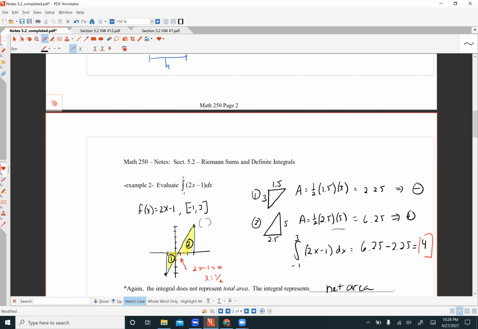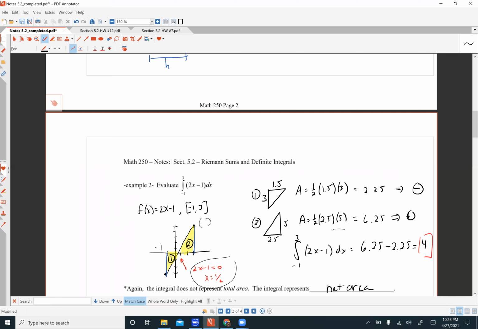You solve 2x minus 1 equals 0, and it's x equals 1/2. So you have these two triangles. The first triangle goes from -1 to 1/2, and the second triangle's base goes from 1/2 to 3.